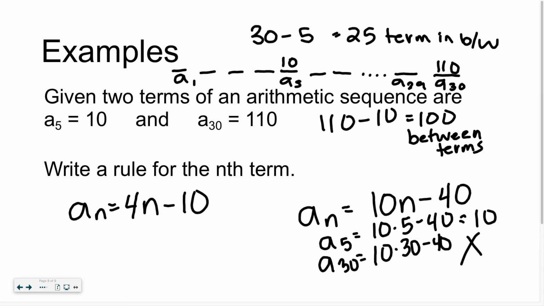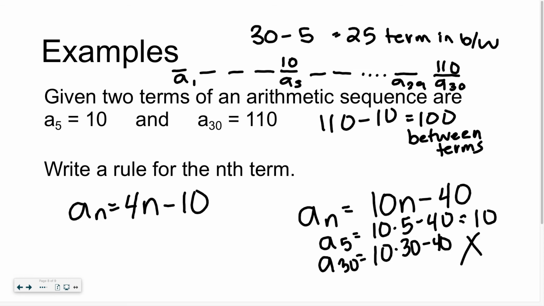And then if you think about that, you went from 10 to 110, you added 100, but how many times did you add in between? Individually. How many times did you add? 25 times you added something, right? Because there were 25 terms in between.